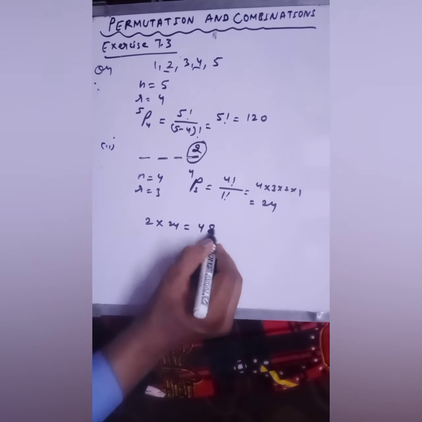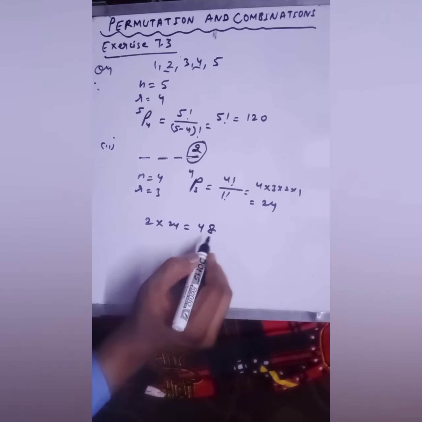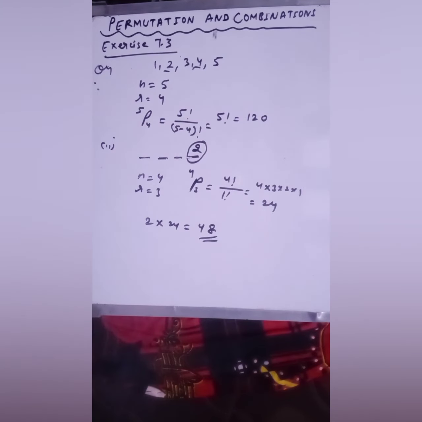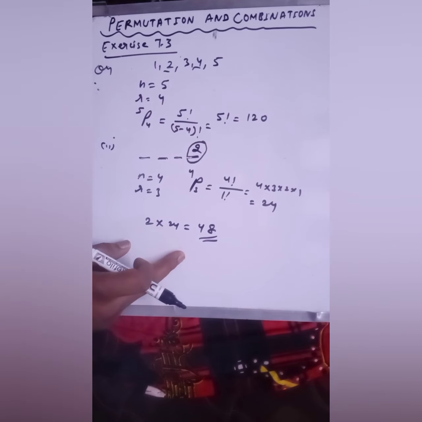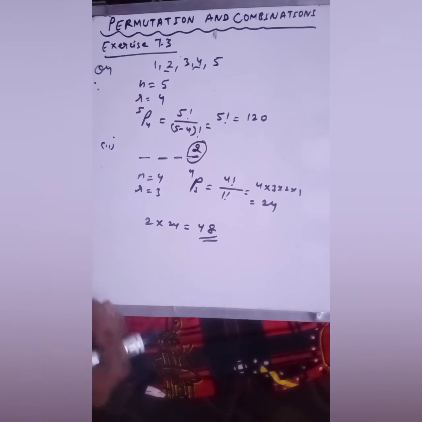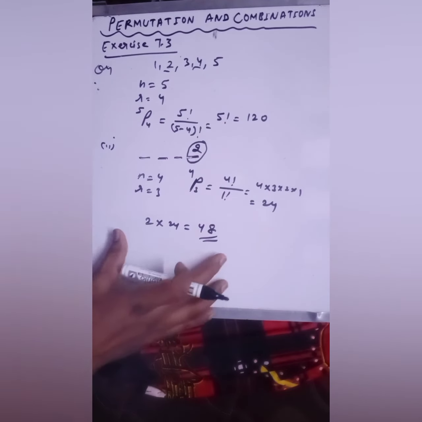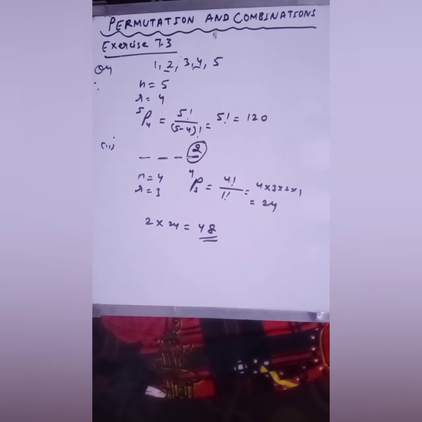So you will get 48. So you have 48 arrangements if you have to make an even number. Got it? Fine. So this is how you can solve this. You just have to write the statements, okay? And you have to show these calculations.